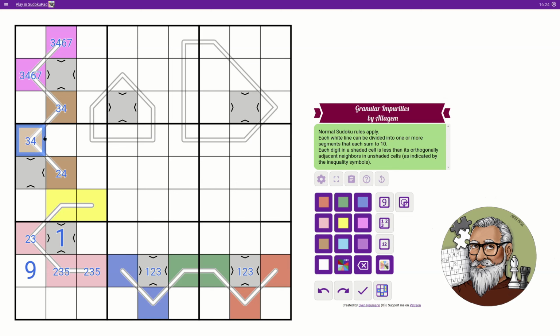Could this be 5? No, because then we end up with the dreaded 2, 3. I don't know how to pencil mark this, but this has to be from 2 or 3, right? It has to, because we have a 3 or a 4 here.